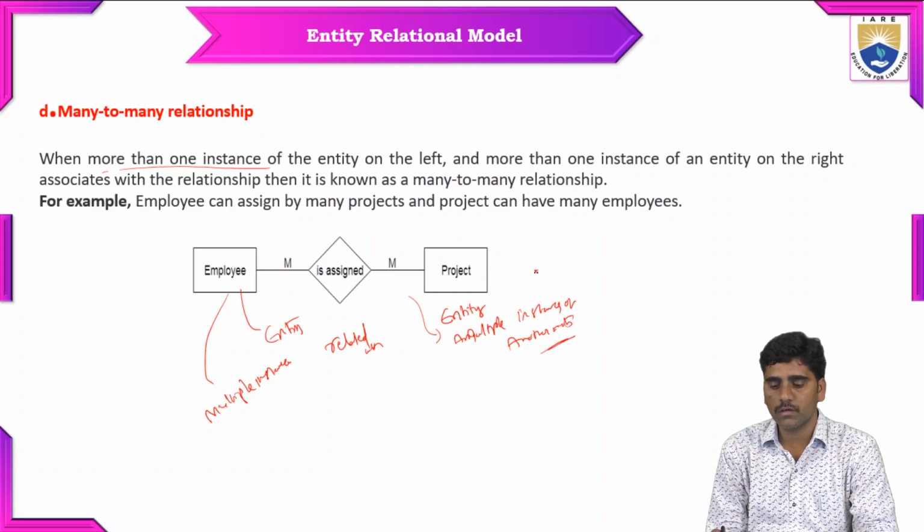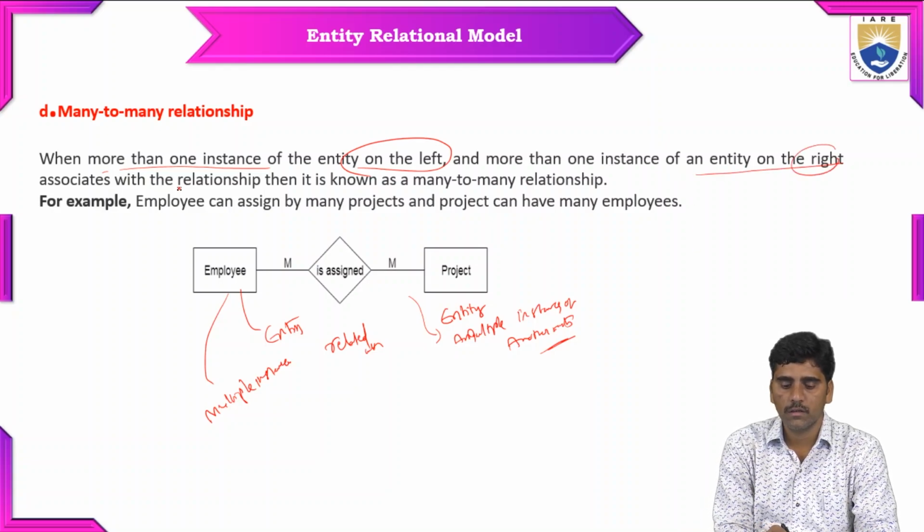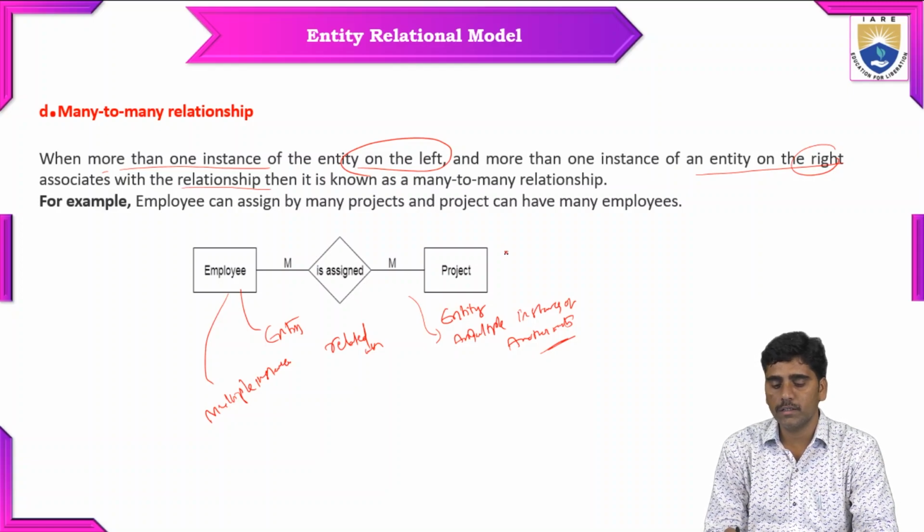That is called what? Many-to-many relationship. So here, when more than one instance of the entity on the left and more than one instance of an entity on the right associate with the relationship, then it is known as a many-to-many relationship.